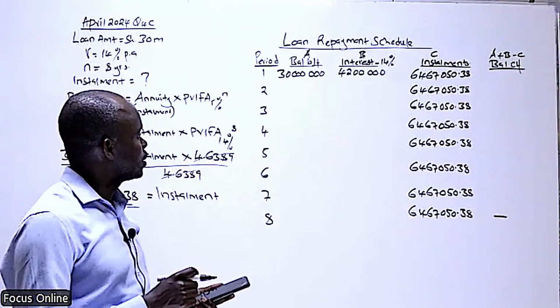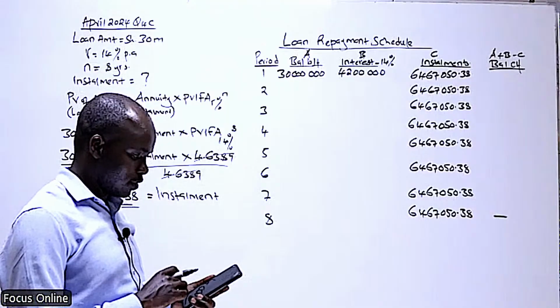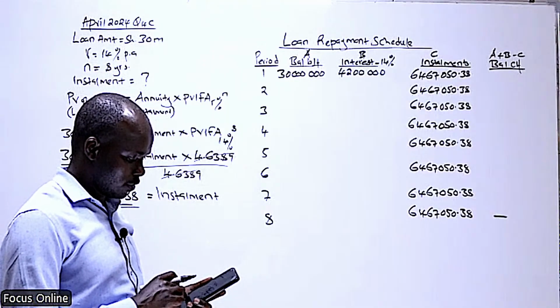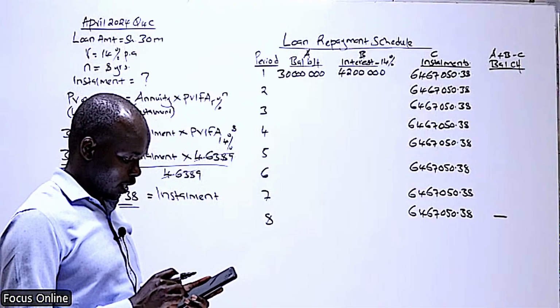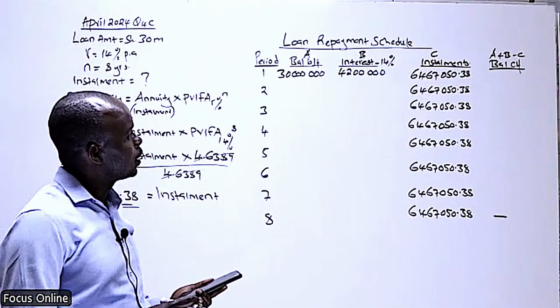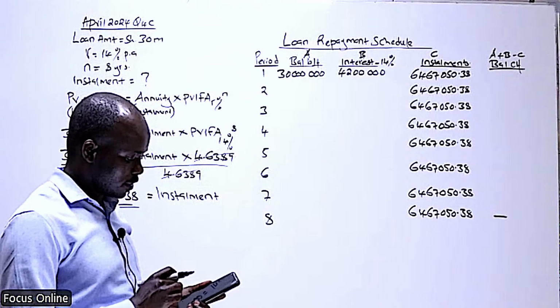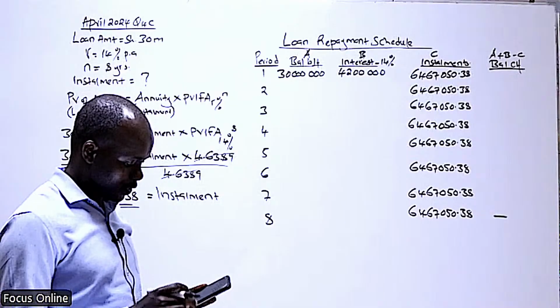So this is 30 million plus 4.2 million minus 6,467,050.38.